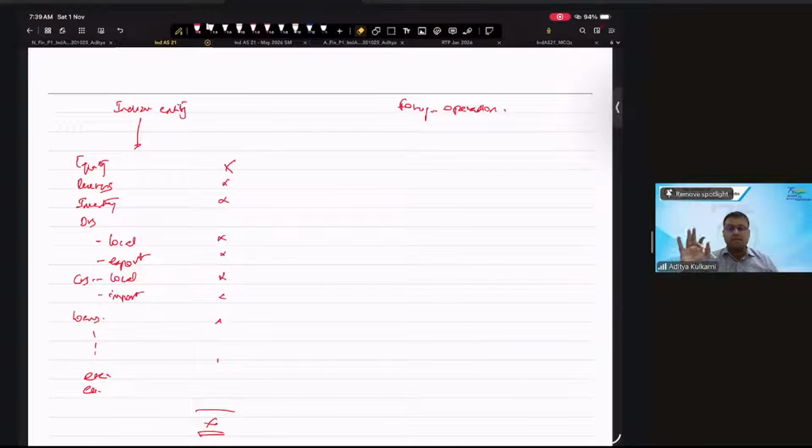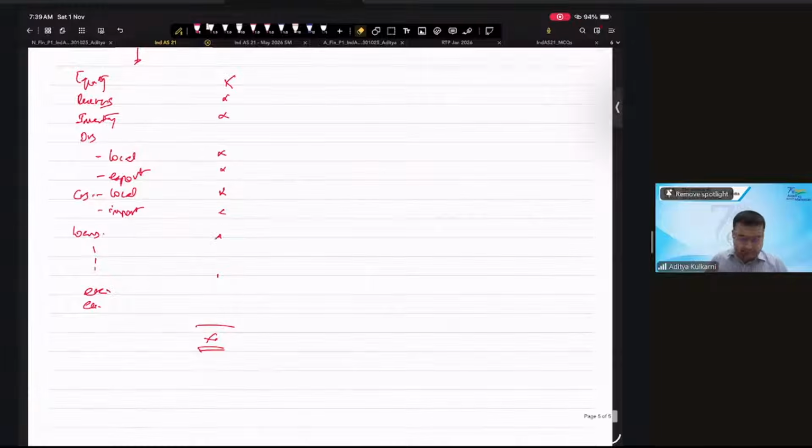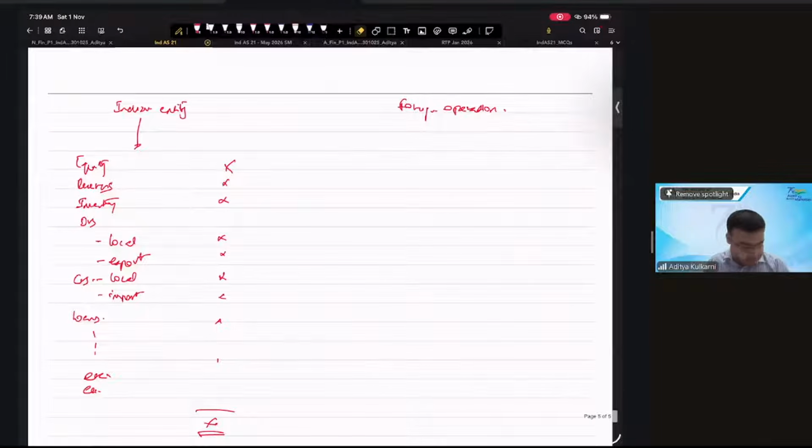So fairly less complicated, fairly lower complications as compared to regular foreign exchange transactions in the parent. Is it okay? Yes.